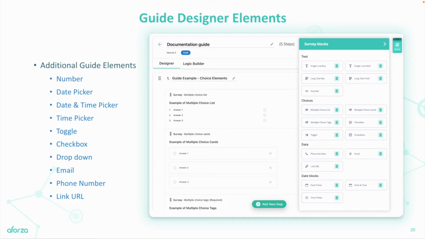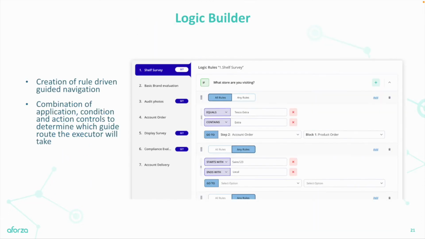What happens next is the Logic Builder. So here we have conditional statements that allow you to navigate your users throughout unique journeys to take them in the best direction for that particular account and that particular data set.